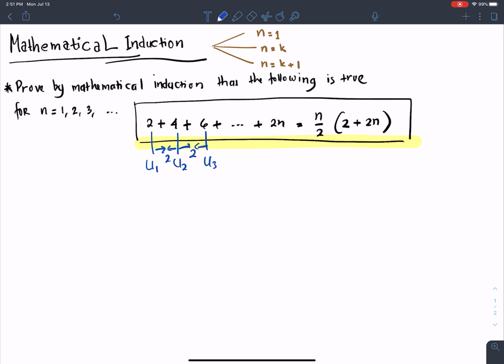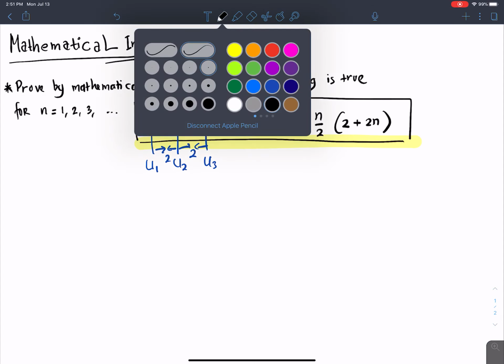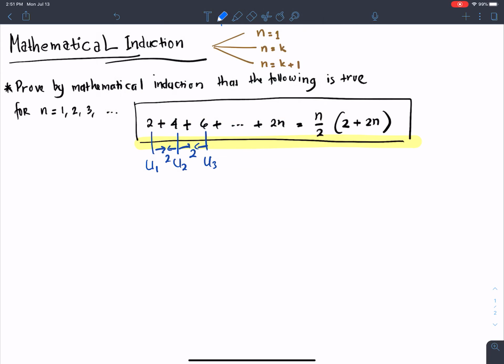So one way to prove this is by using mathematical induction. Alright, so how are we going to do that? The first thing that you need to understand, as I already put in here, is that this one is considered as u1, this one is u2, and this one is u3, while over here this is considered as un.